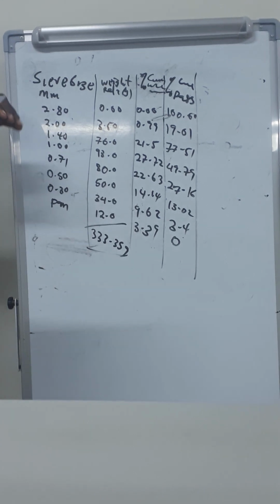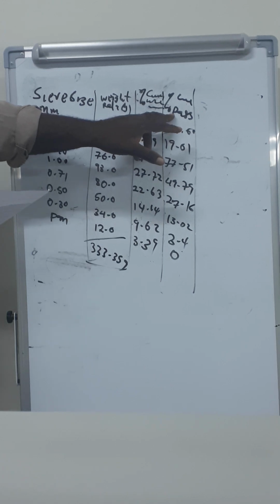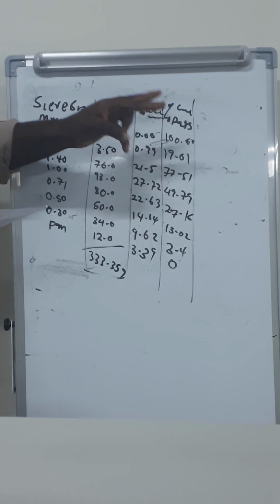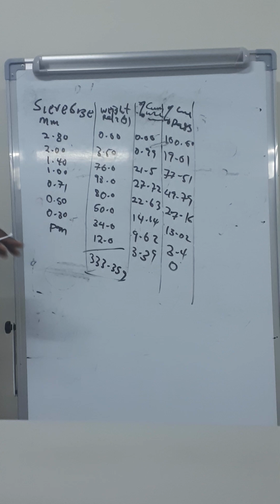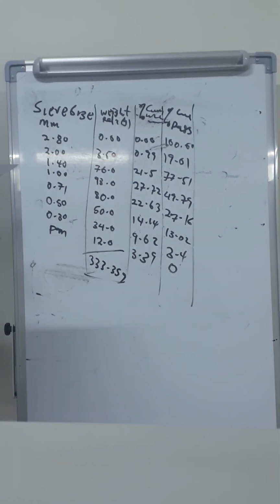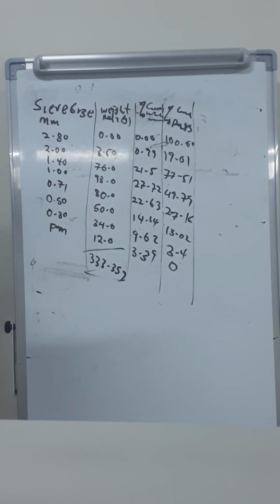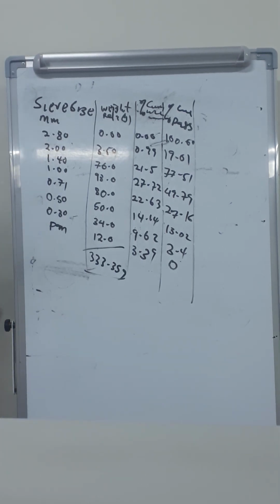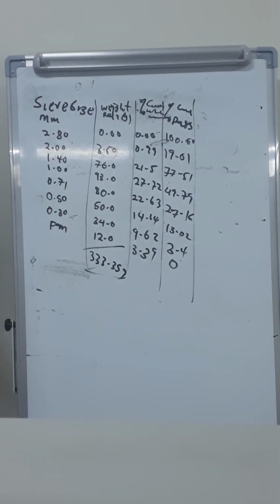To get a particle size distribution curve, the percentage passing is plotted on the vertical axis against the sieve size on the horizontal axis. You can use a linear scale for both to make your work simple. So, let's get the diagram for this.